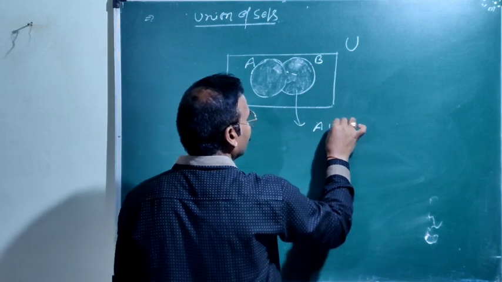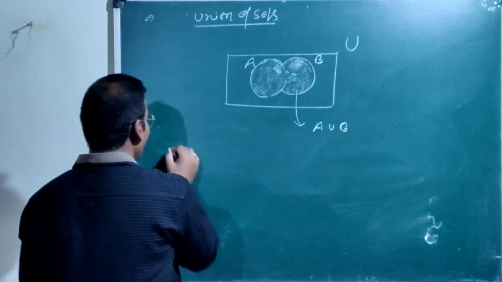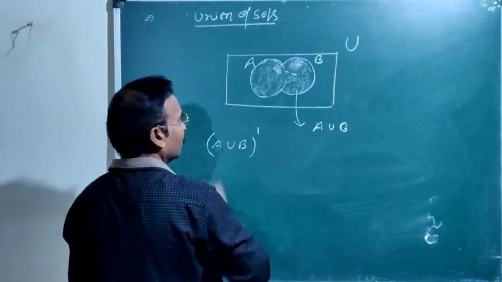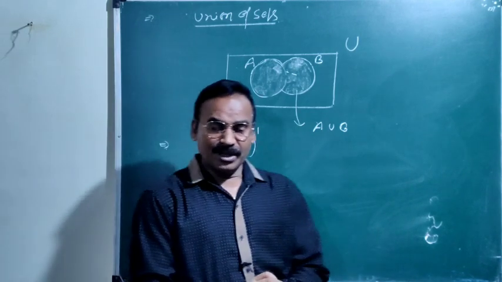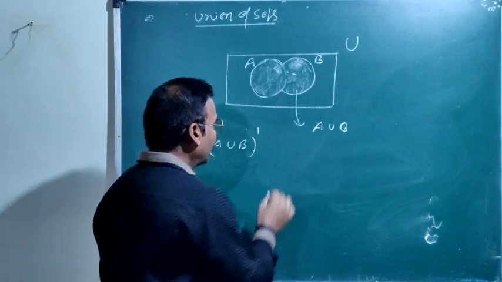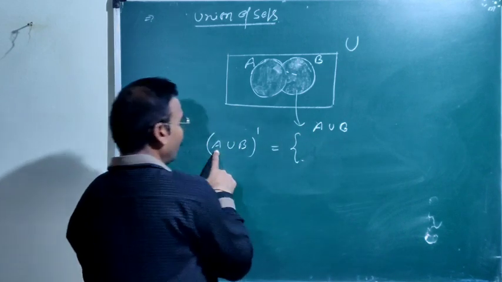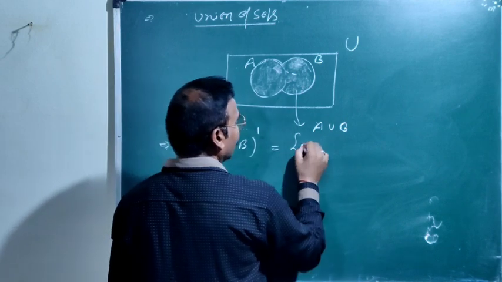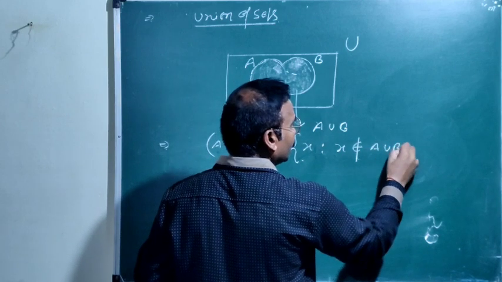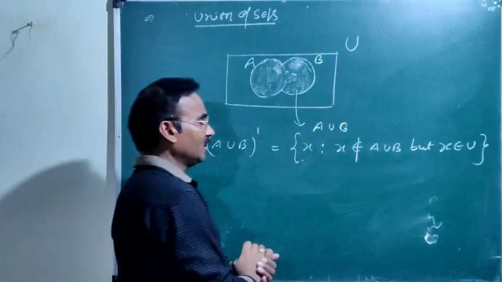A union B. Now, A union B complement. Let me remind you what a complement is. A union B complement means the set of X where X does not belong to A union B but X belongs to U. This is the definition of the complement.